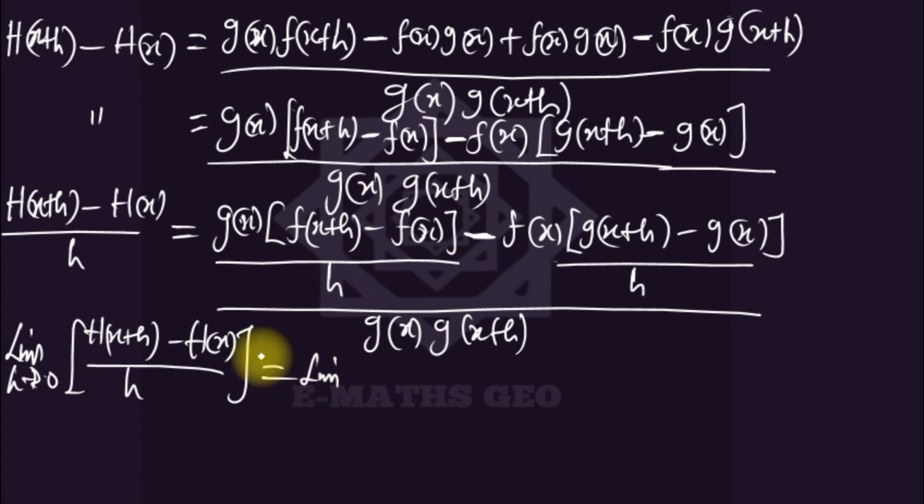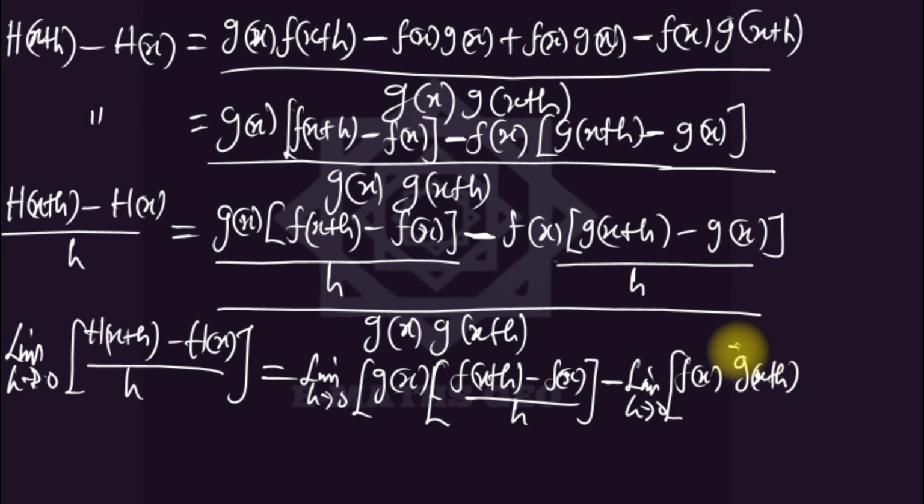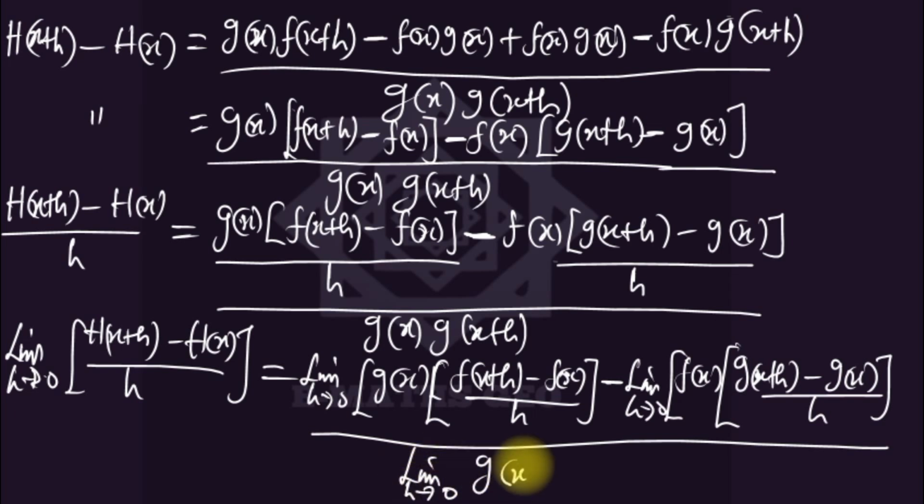So this is the limit of h tends to 0 of g of x times, we need to write this as one term now, f of x plus h minus f of x over h, minus the limit of h tends to 0 of f of x times g of x plus h minus g of x all divided by h, over the limit of h tends to 0 of g of x times g of x plus h.